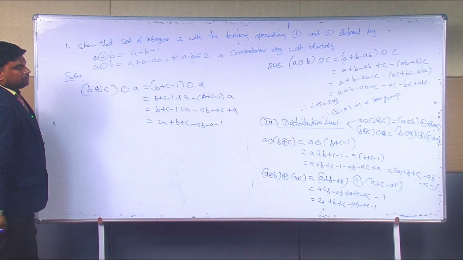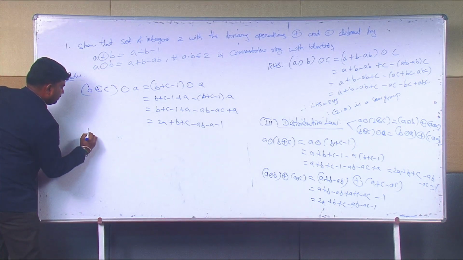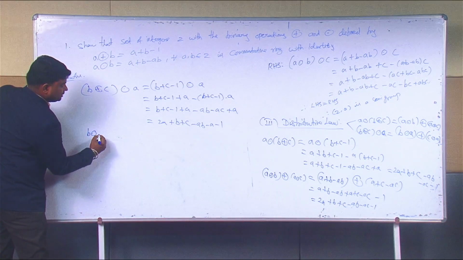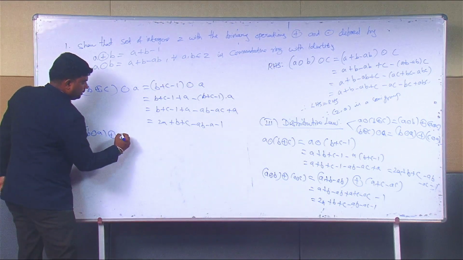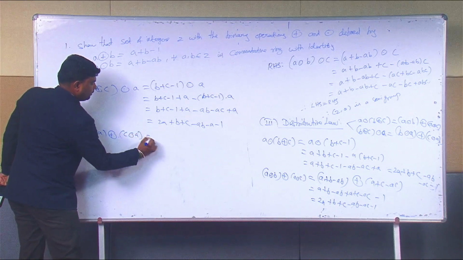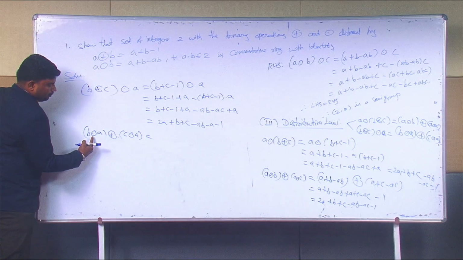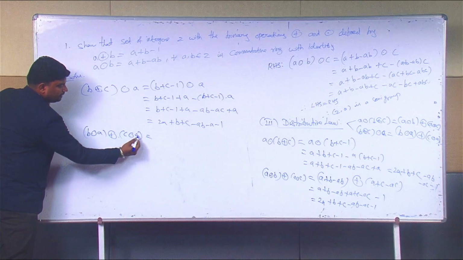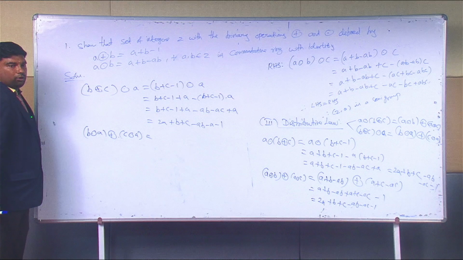Now the RHS of the second distributive law: B multiplication modulo A, additive modulo, and C multiplication modulo A. In the first step, we apply the multiplication modulo for the bracket B and A and the second bracket C and A, and in the second step I want to apply the addition modulo operator.